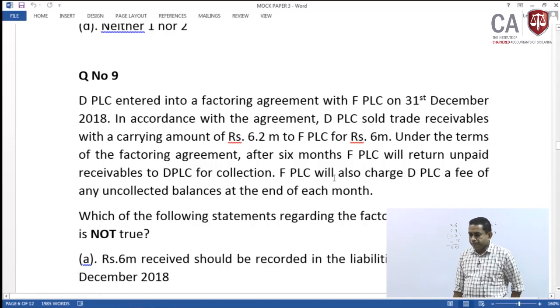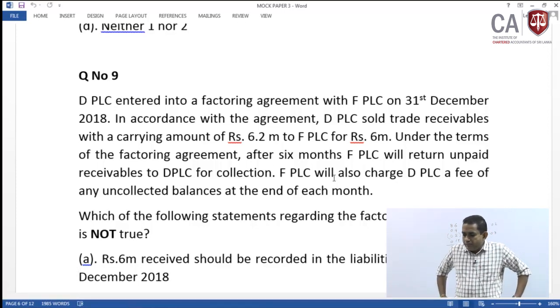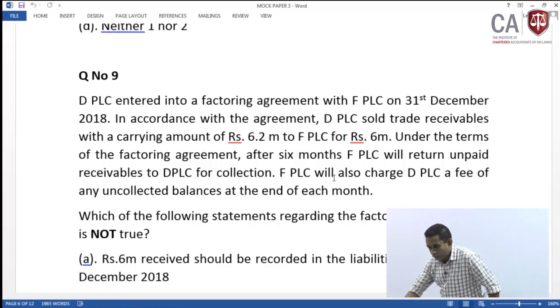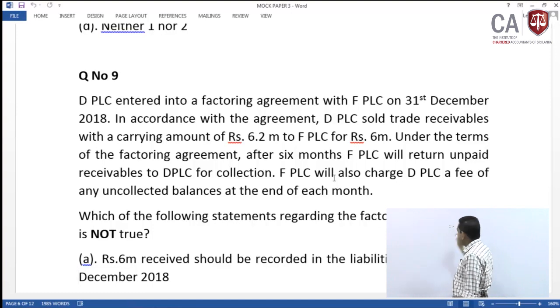Question number 9. DPLC entered into a factoring agreement with FPLC on 31st December 18. In accordance with the agreement, DPLC sold trade receivables with a carrying amount of 6.2 million to FPLC for 6 million.